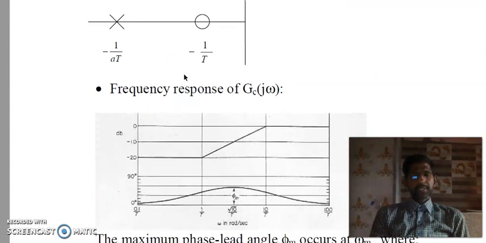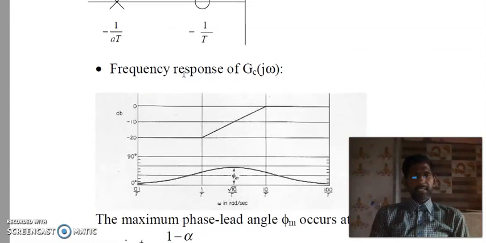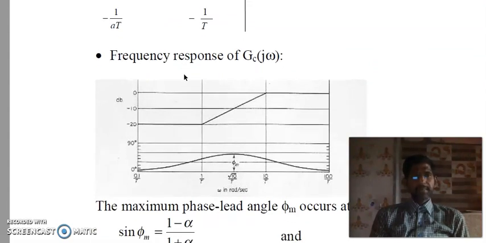So for that we need to draw the Bode plot. Let me draw the Bode plot for this. How can we draw the Bode plot? The initial slope: is there any initial slope here? Initial magnitude is minus 20. Initial slope is 0 dB per decade. When will we get 0 dB per decade?